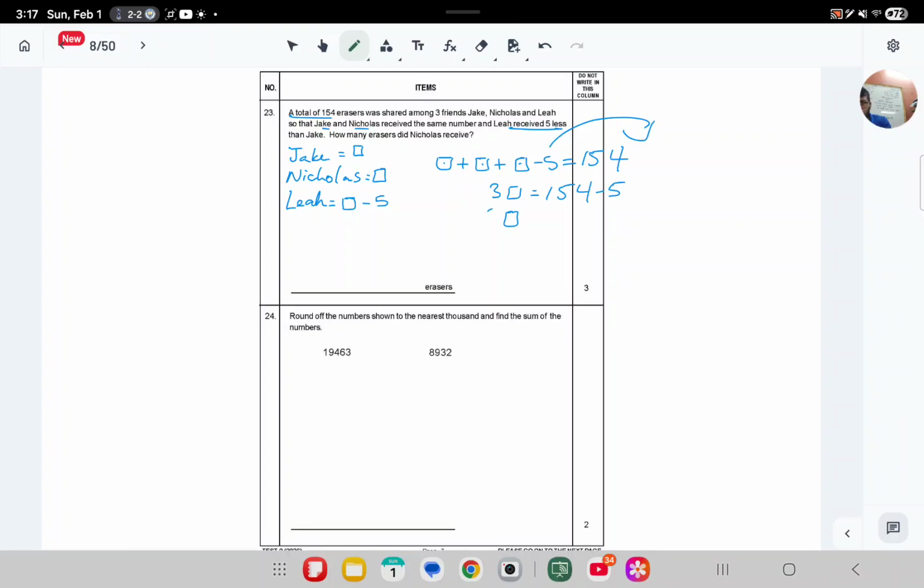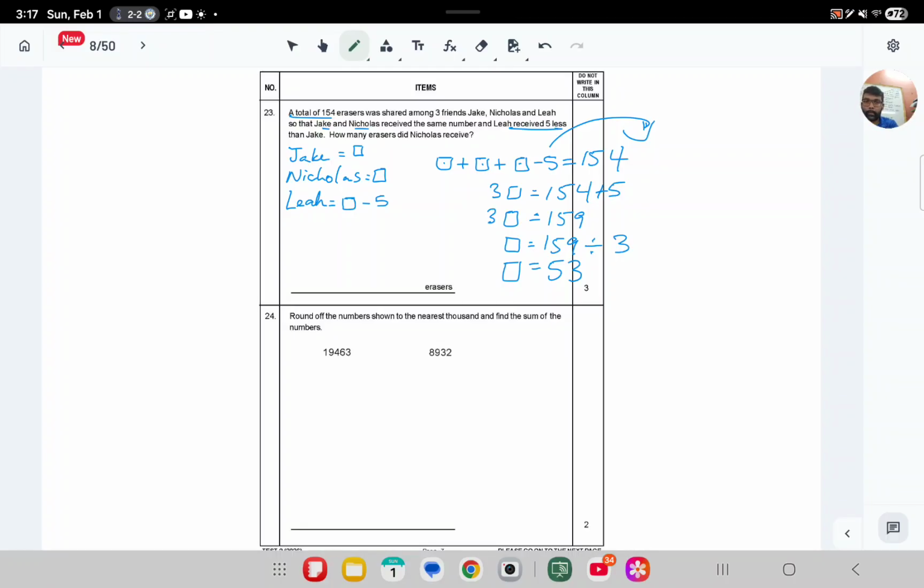So we know 3 boxes is equal to 159, because it was take away 5 here, so you add on the 5 extra here. Alright, so if 3 boxes equal 159, 1 box would equal 159 divided by 3, and that will give us 53.